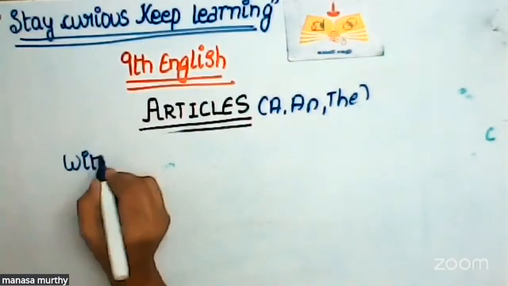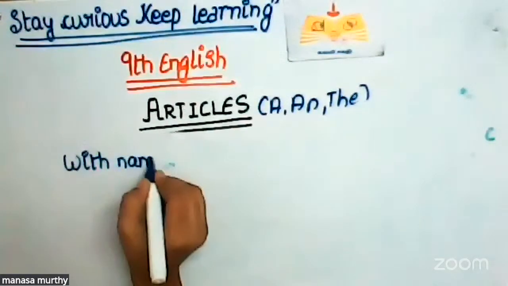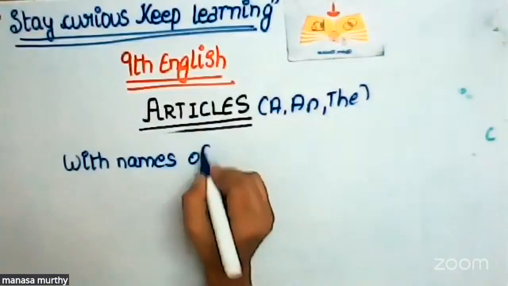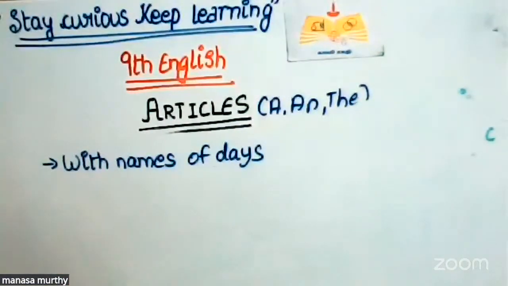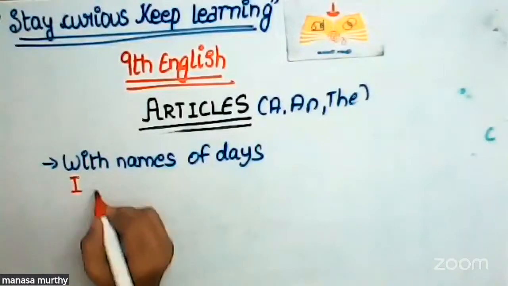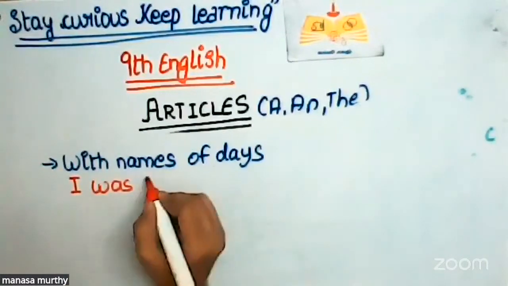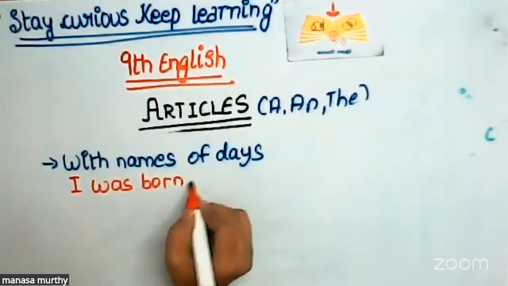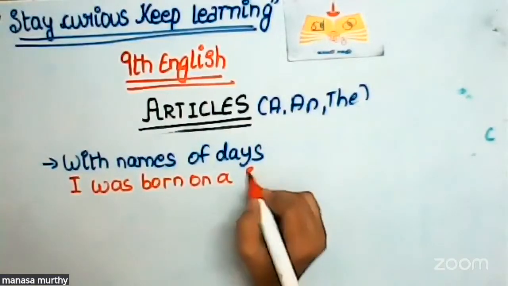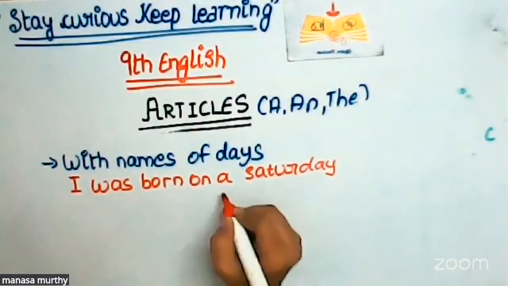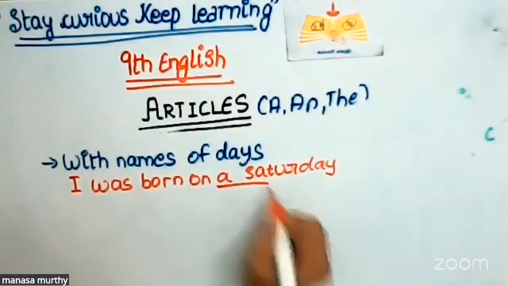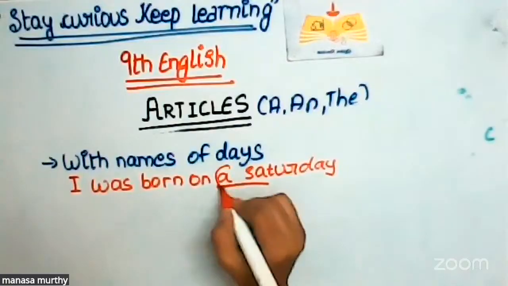With names of days. I was born on Saturday. We are telling the name of the days. We use this article a.